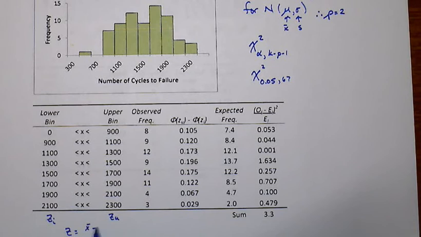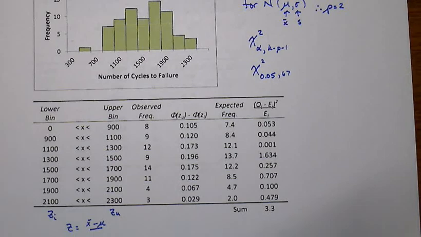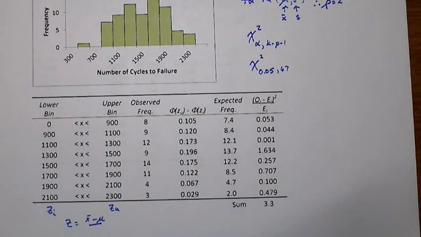the bin minus the mean divided by the standard deviation.